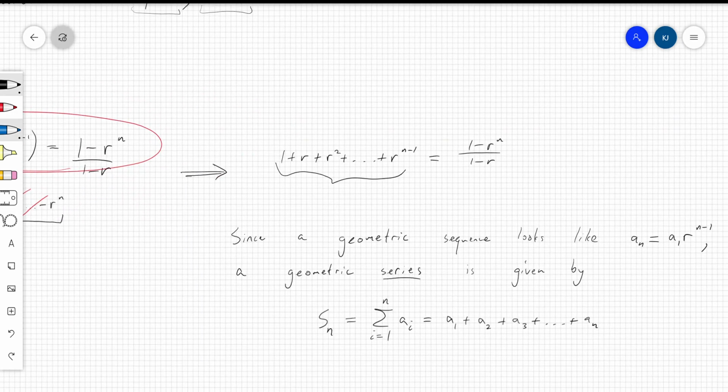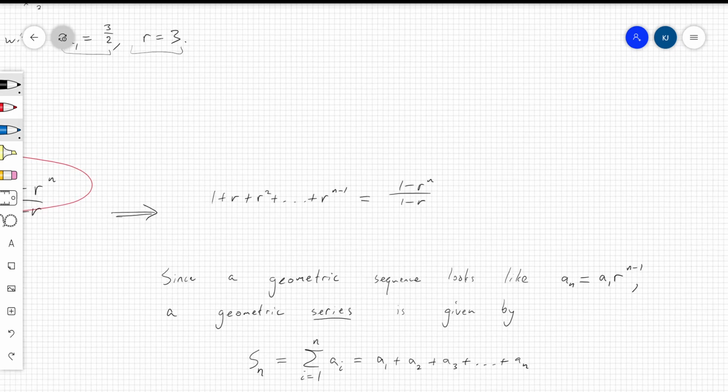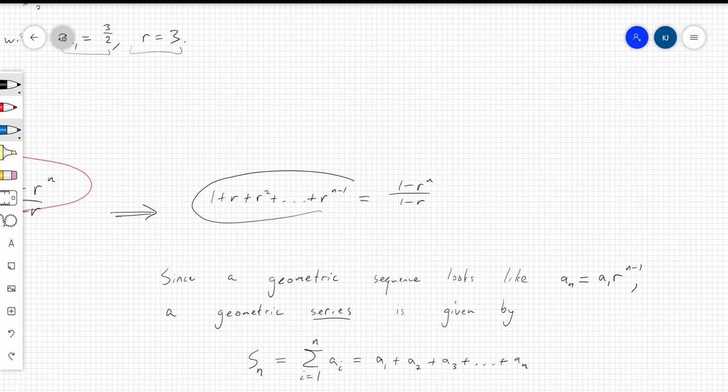And on the right side, we just end up getting 1 minus r to the n over 1 minus r. So if you ever have to add up a bunch of powers of something, so 1 plus r plus r squared plus r cubed, all the way up to something, then this is just going to equal 1 minus r to the nth power divided by 1 minus r. So that's a nice way to compute the sum that we had here.